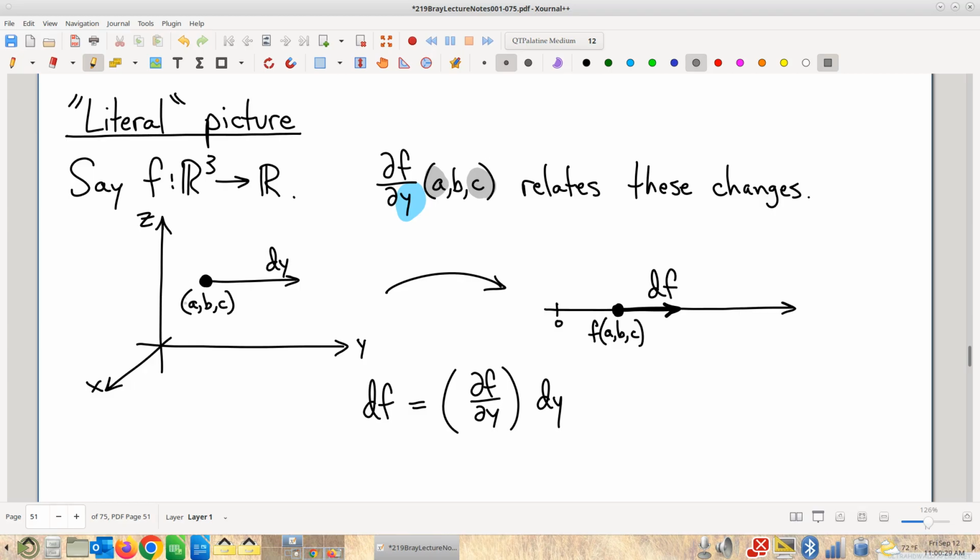That means that wherever you might happen to be, the x-coordinate and the z-coordinate are not allowed to change. They have to stay whatever they had been. That means you're stuck on this line. That's the line where x is always a and z is always c. You're not allowed to move off of that line.